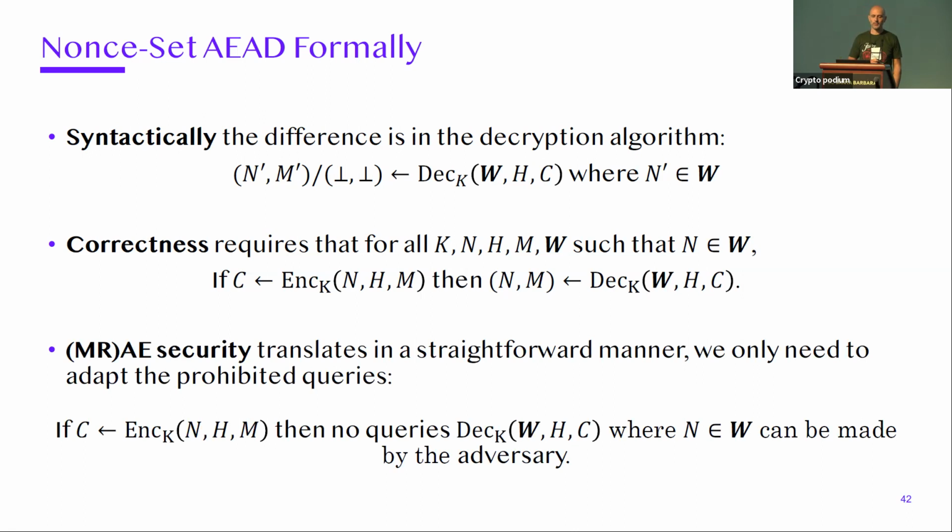We only need to adapt the prohibited queries that the adversary is prohibited from making. So essentially, the adversary cannot make queries of the following form for a ciphertext C and a nonset W, where W contains the nonce that was used to produce that ciphertext using the encryption oracle.